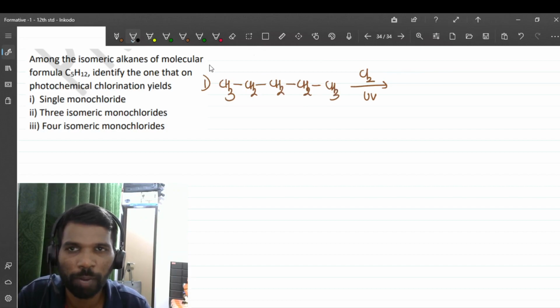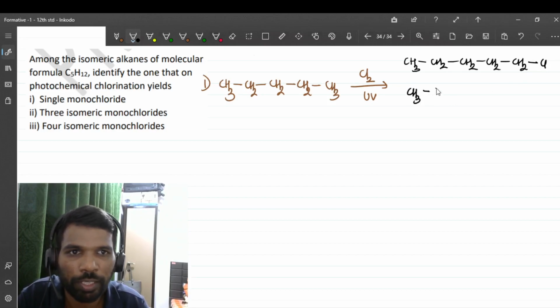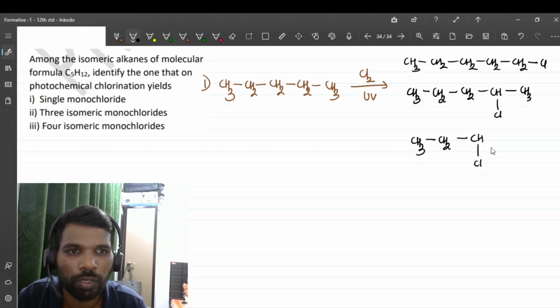So at one carbon we will start. First I am substituting on this. The possible product is CH3, CH2, CH2, CH2, and CH2Cl. This is one possibility. The second possibility is CH3, CH2, CHCl, and here CH3. The third possibility is CH3, CH2, CHCl, CH2, and CH3.